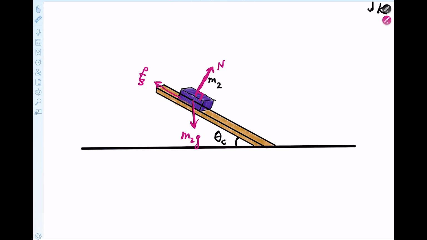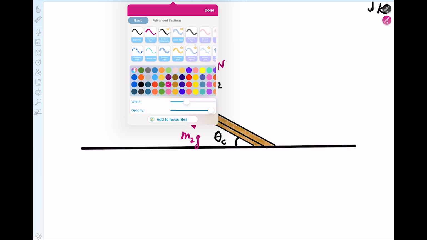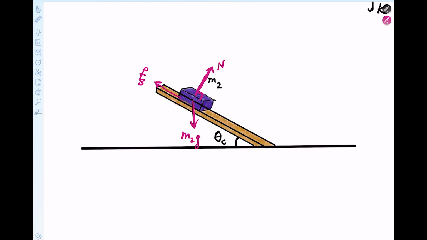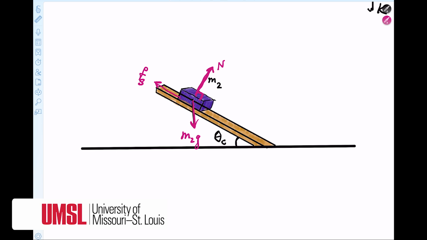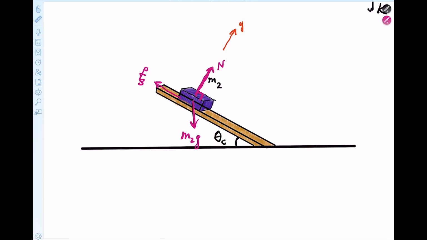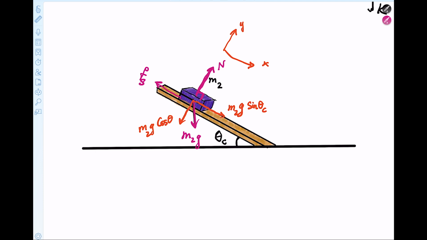And the trick here is to break this M2G into its components along the X direction and the Y direction. So here's my Y direction, and here's my X direction. The component of M2G along the X direction is always M2G sine theta, this time theta C for critical, and along Y it is M2G cosine theta.